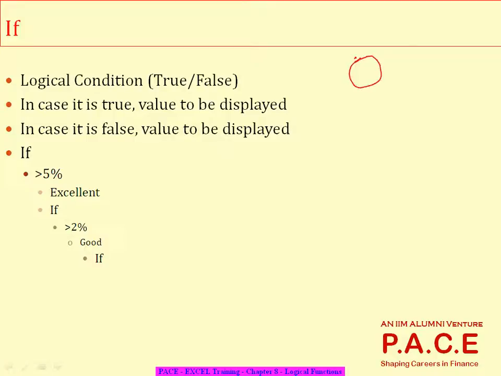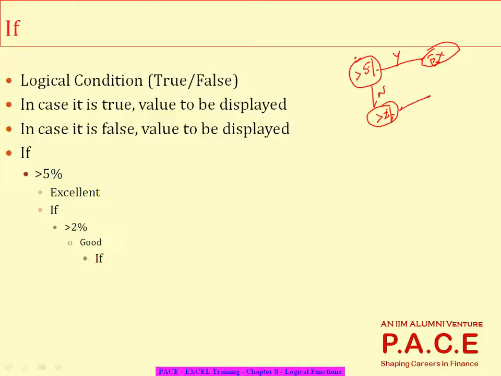Typically the formula will go like this. I'll first check for greater than 5%. So it will give an answer either yes or no. If yes comes out, then I'll write it as excellent. If no comes out, then again I'll check for greater than 2%, which means another if condition has to be written.